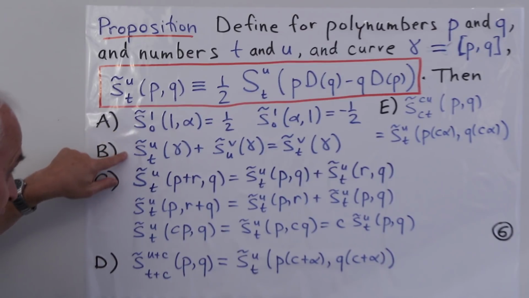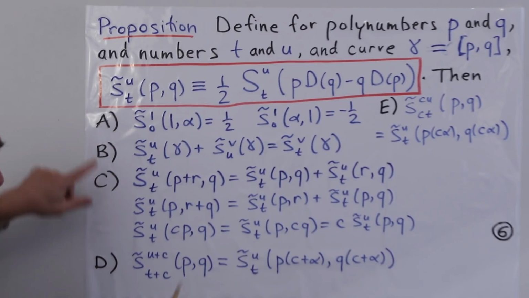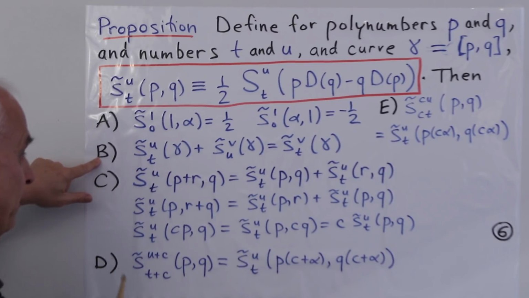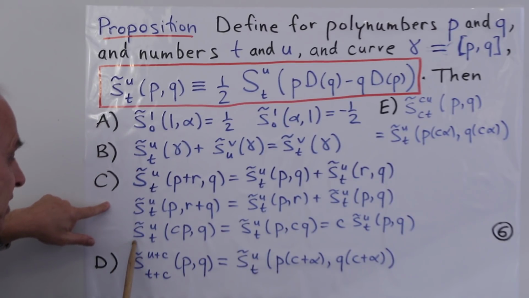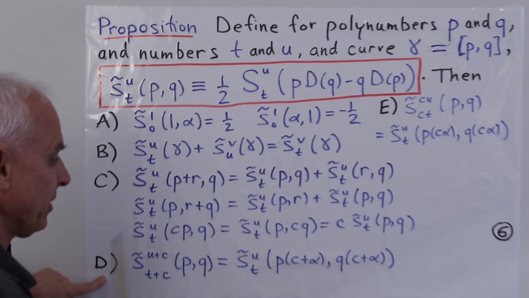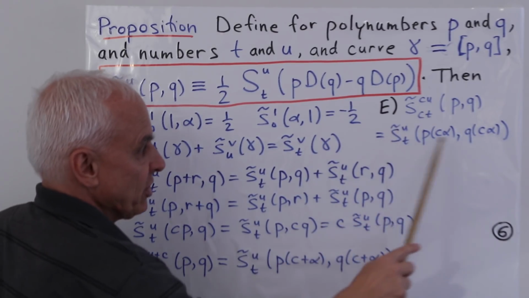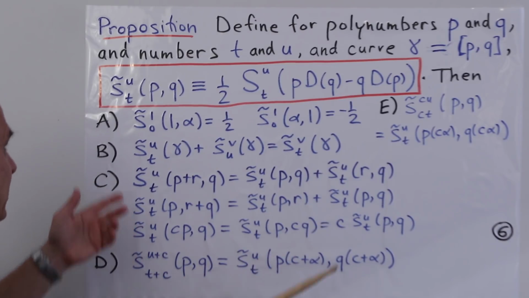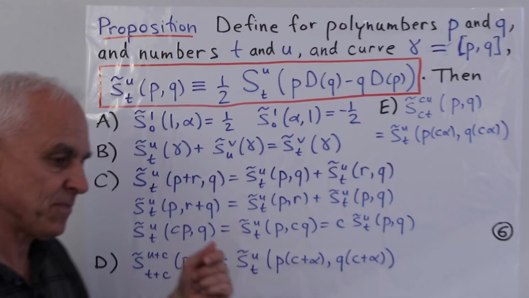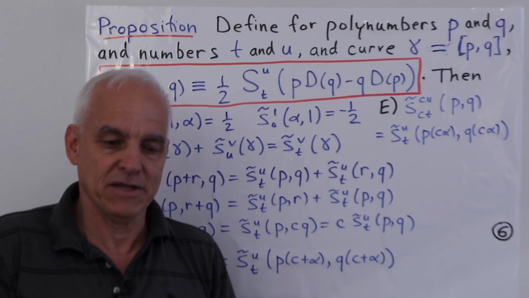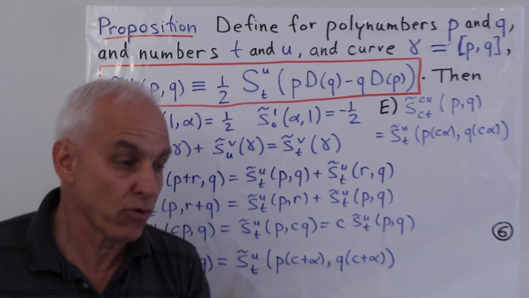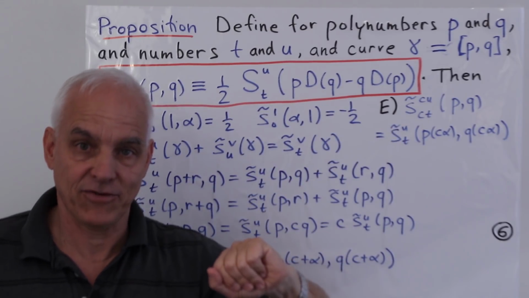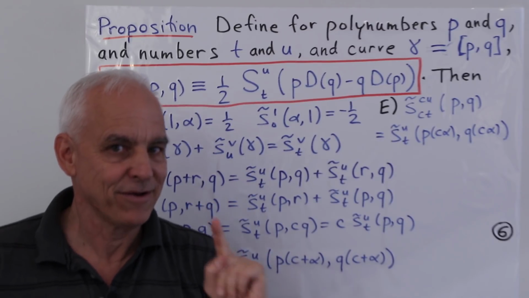And I'm just reminding you what these various properties are: the normalization condition, an additivity condition, the linearity conditions, a translation condition, and a dilation condition. So these are just the familiar things, what it means for this S tilde to satisfy these 5 properties. We want to prove that this expression satisfies these 5 things. So we have some work to do.